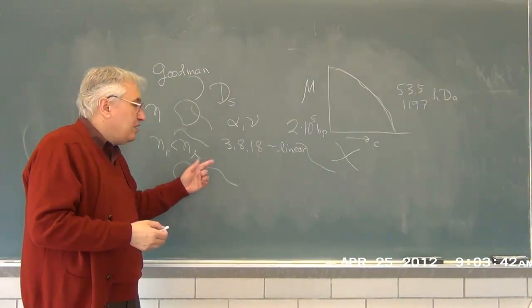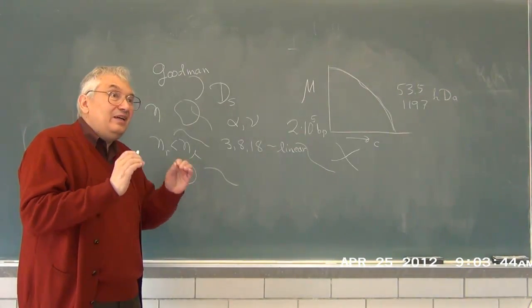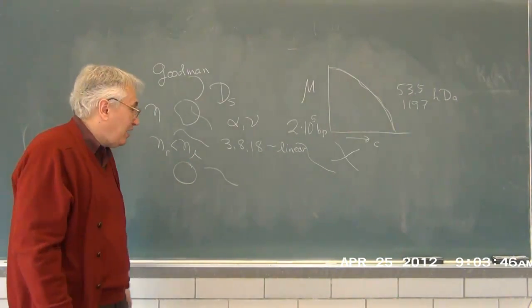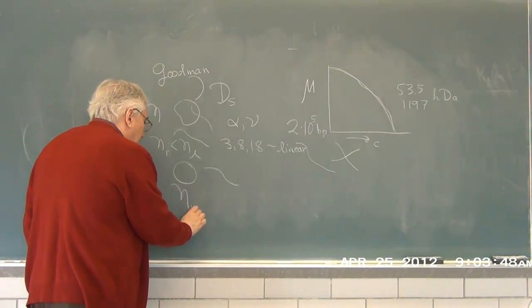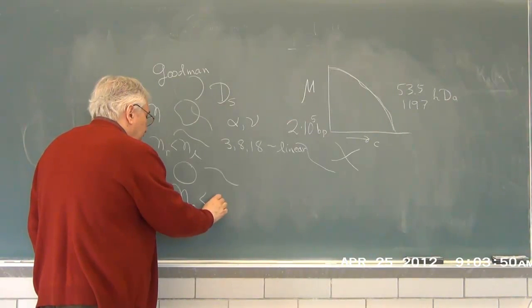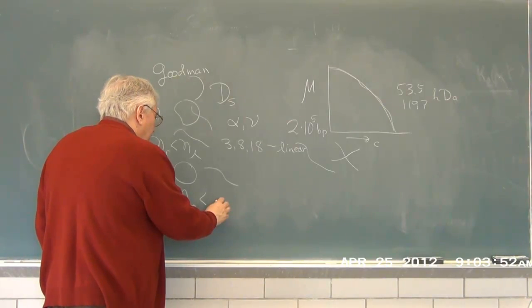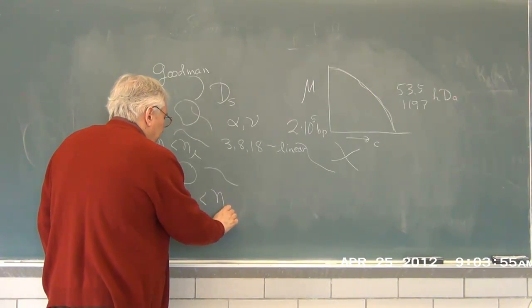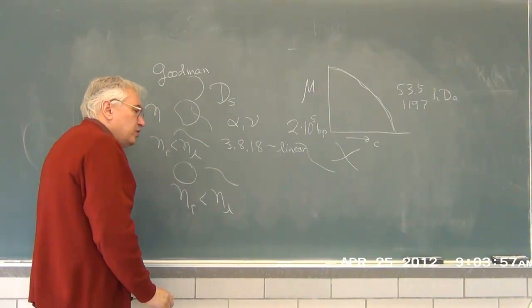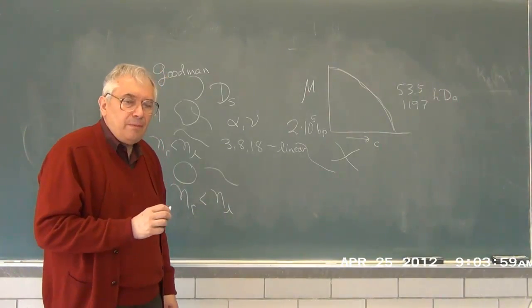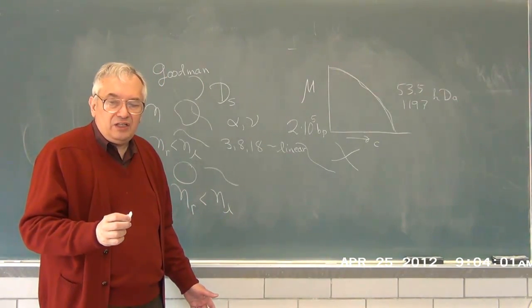The ring and linear DNAs are really the same size, and Goodman found that the viscosity of ring polymers is significantly, a factor of 3 or 5 if I recall, less than the viscosity of linear polymers at different concentrations. So that is the topology effect.